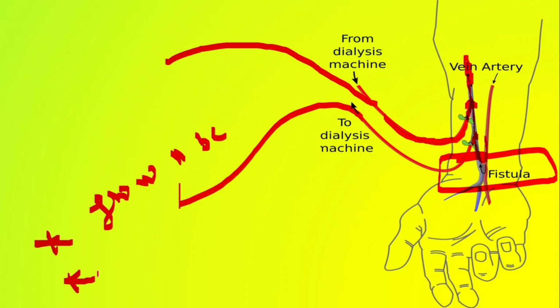The vein walls go for remodeling, so there won't be any issue with repeated cannulation. It is not a foreign body, it is autologous, so the demerits encountered in the initial times have been sorted out with this AV fistula.